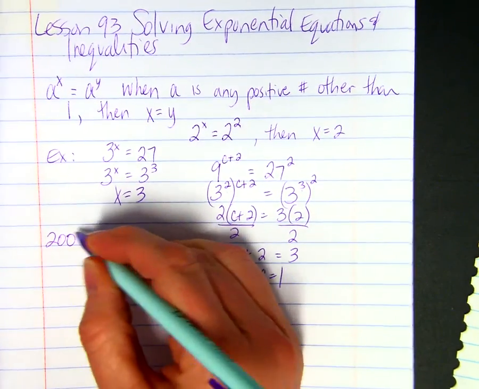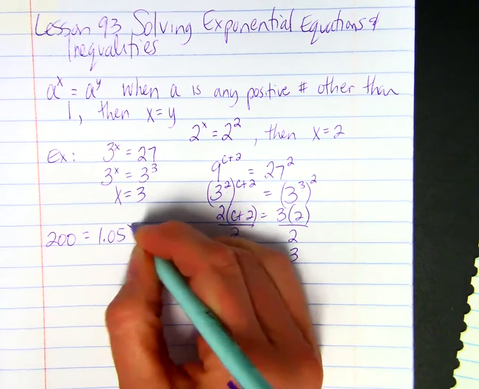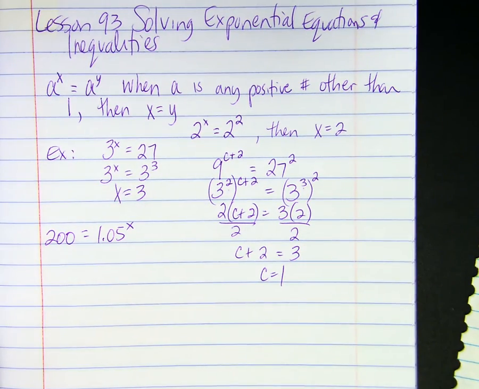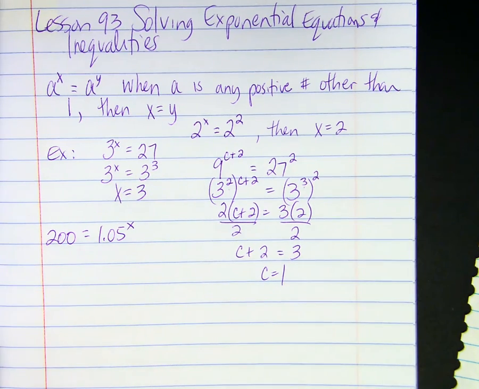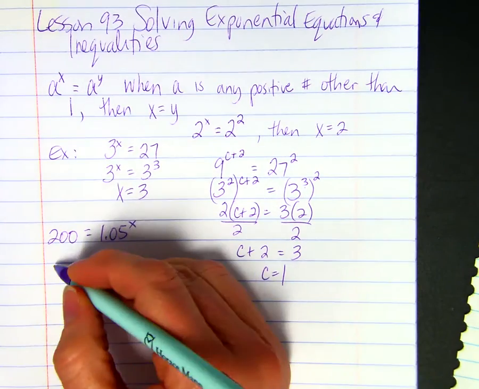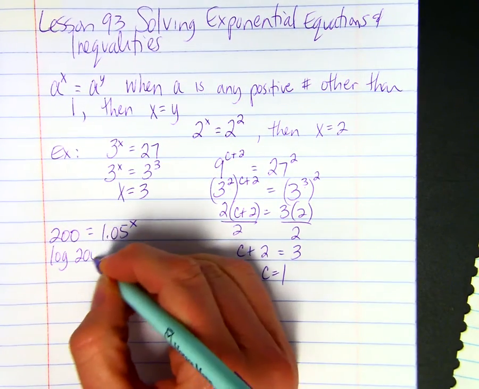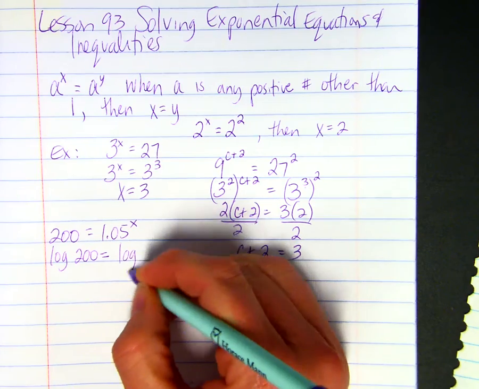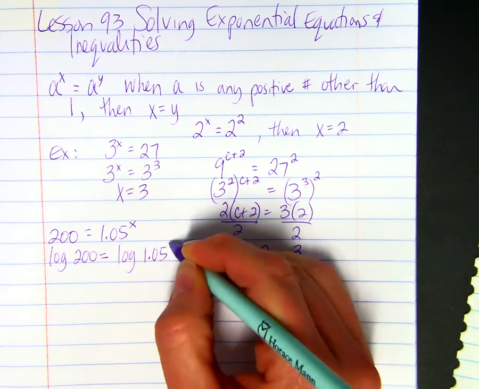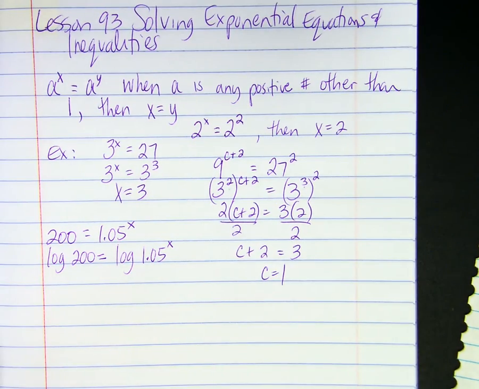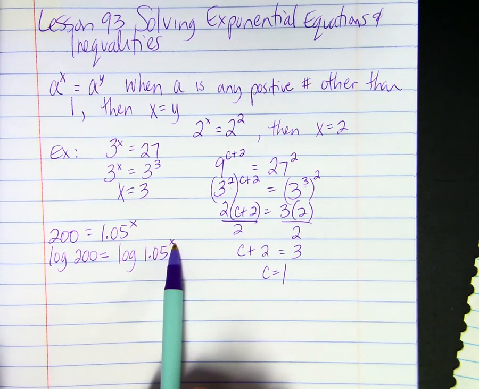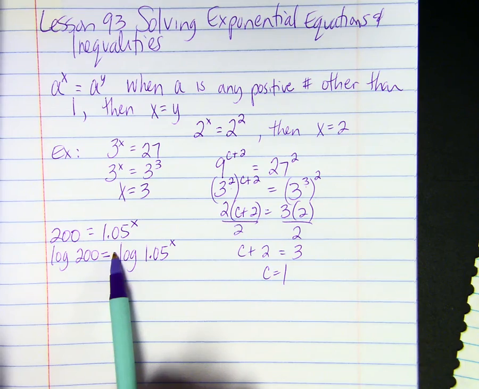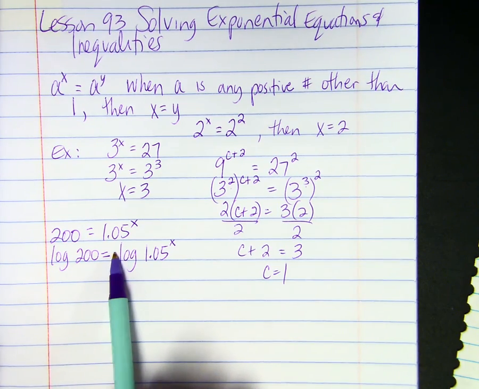So here's another example. If you take the logarithm of both sides, so you have the log of 200 equals the log of 1.05 to the x power. And remember that we're going to bring the x out to the front. Do you remember that rule of logarithms?